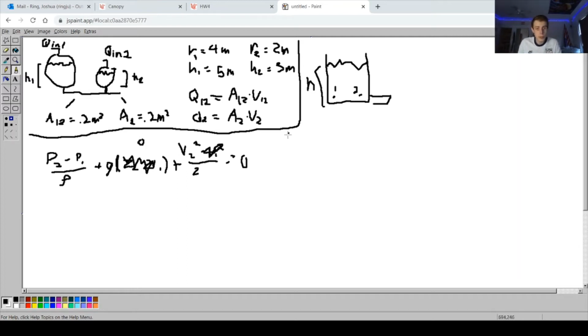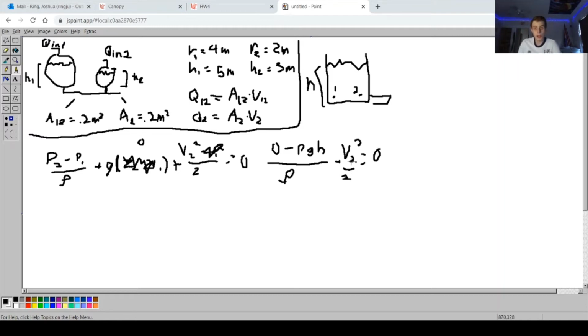So after a little bit of rearranging, we get 0 minus pressure, times acceleration due to gravity times height, over the density, and this is being added to V2 squared over 2, and that is equal to 0.